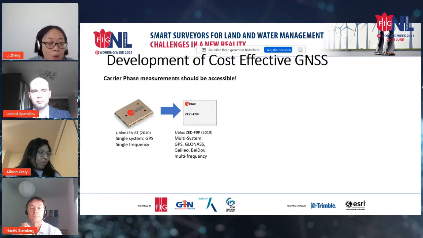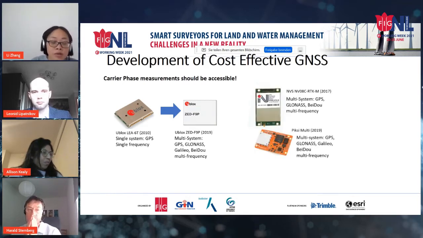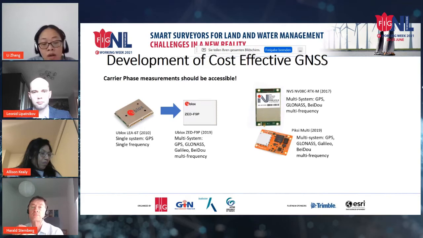And now the latest u-blox receiver is the F9P, which can receive multi-system and multi-frequency. You can of course also get this kind of low-cost receiver from other manufacturers.